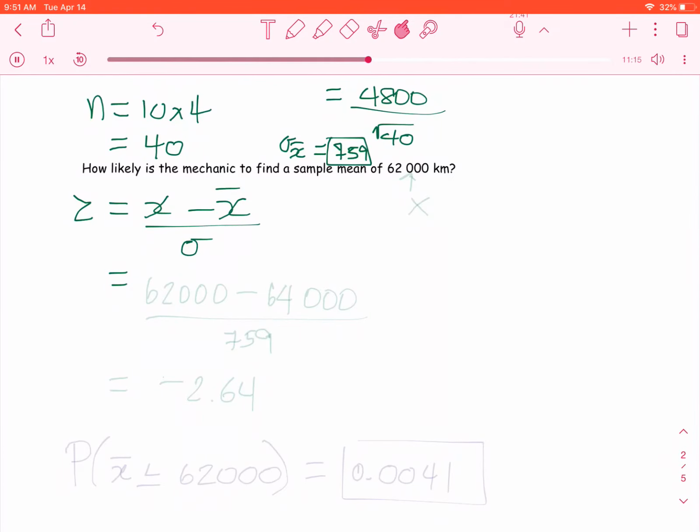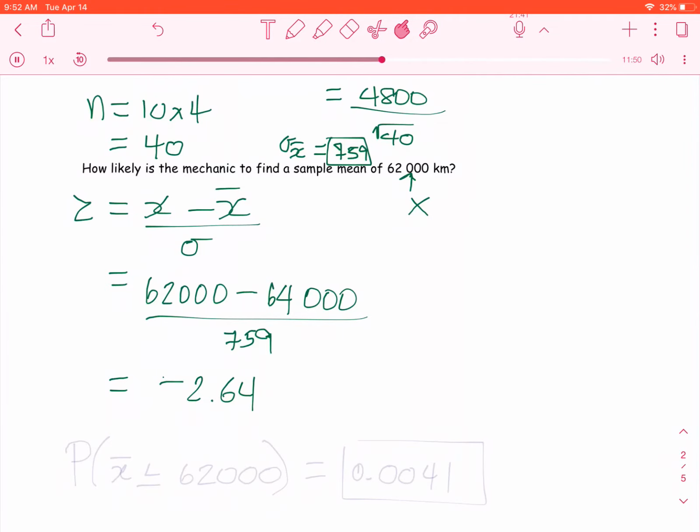We want to find a sample mean of 62,000, so that becomes our data point x. x bar was 64,000, divided by our standard deviation. Once you work that out, you get negative 2.64.